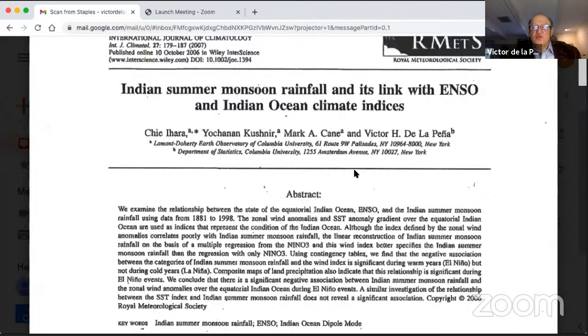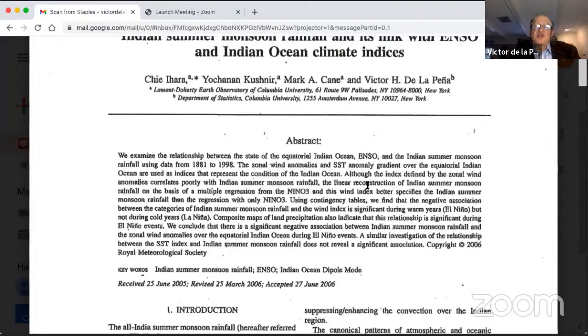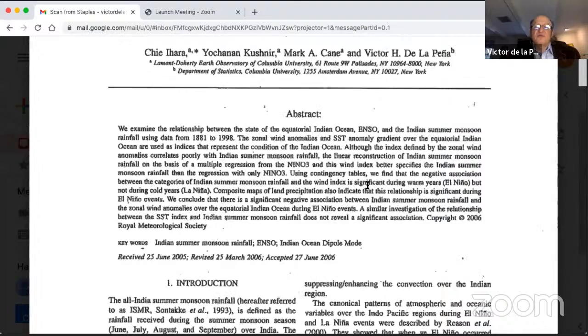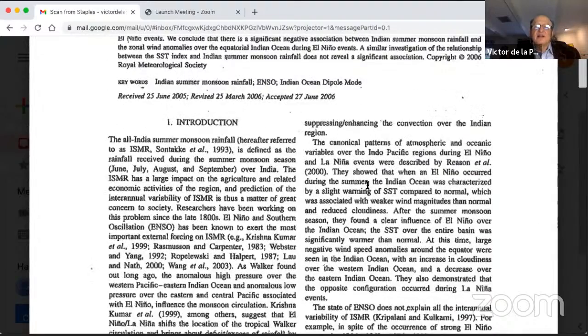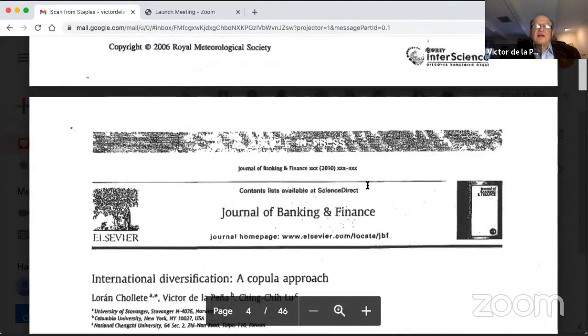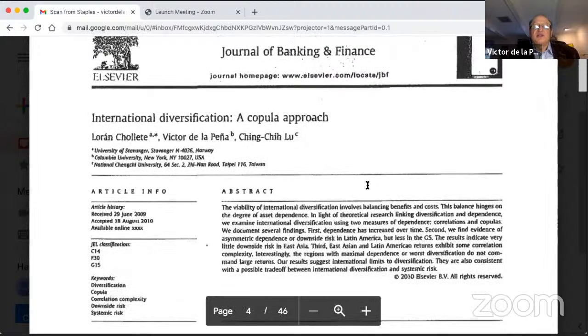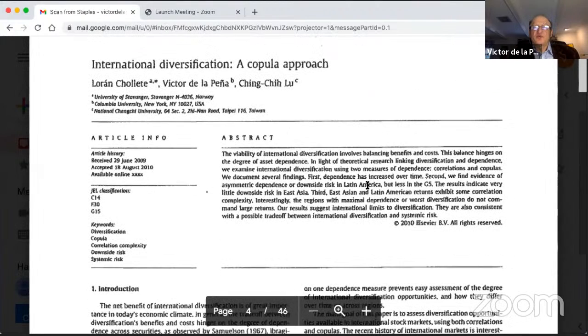In this case, we spoke about another measure of dependence, which is association. So correlation is a measure of dependence, association is another measure of dependence, and it has a theory behind it. Now, I am going to the third way of doing dependence, which is the copula approach.